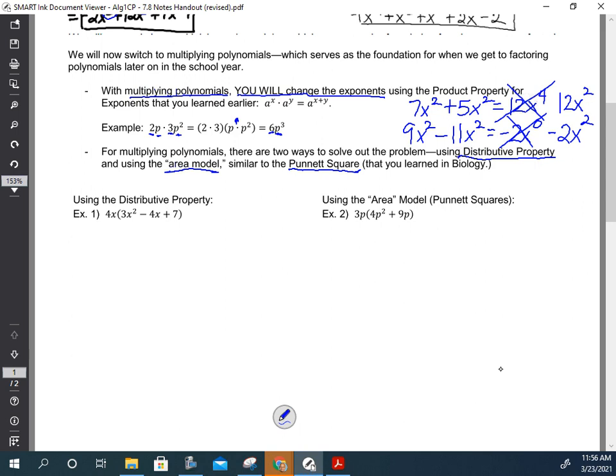So let's review a couple things in regards to terminology. Last week, we talked about names of a polynomial.